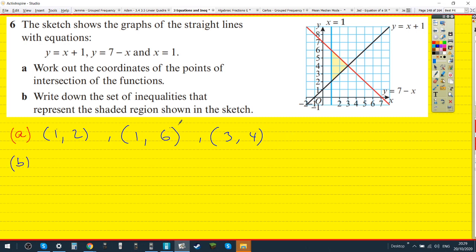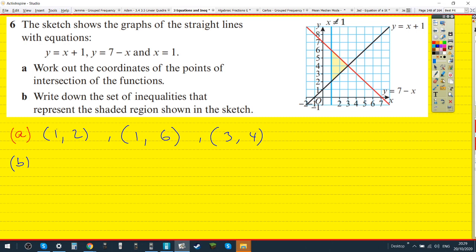And so what inequalities represent this shaded region? Any idea about that? So this is like working in reverse. They give us the shaded region, and we have to say what the inequalities would be.